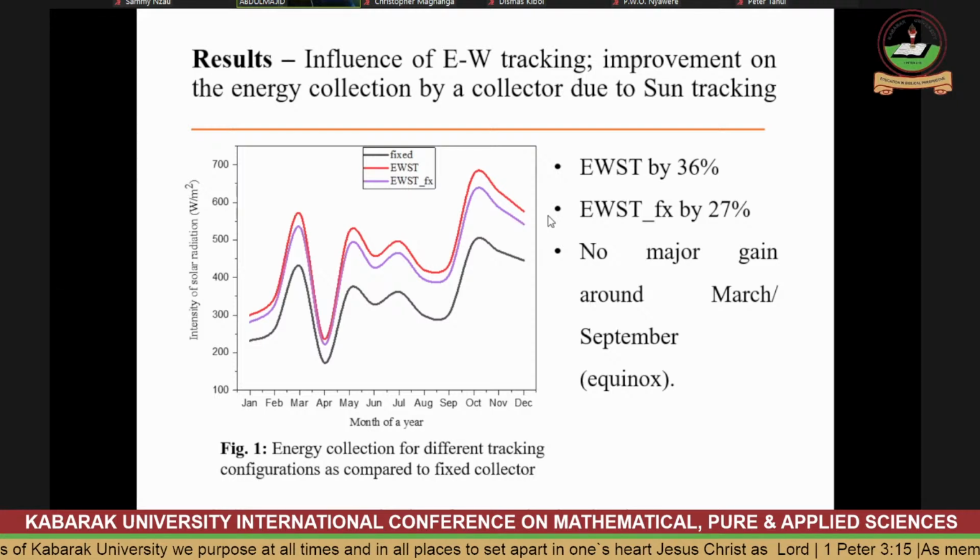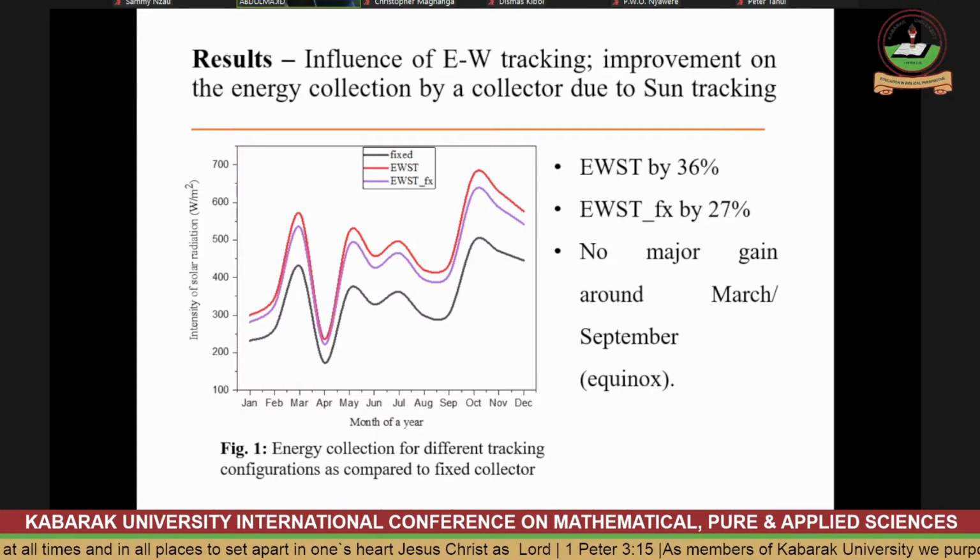With the east-west solar tracker, the improvement in the energy collection by a PV panel was about 36%, whereas with fixed angle east-west solar tracking, the improvement was about 27%. As I said, the east-west solar tracker is the one that follows the movement of the sun from sunrise to sunset.